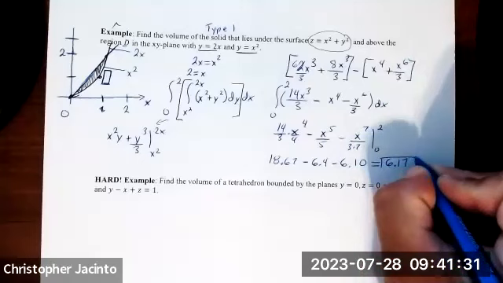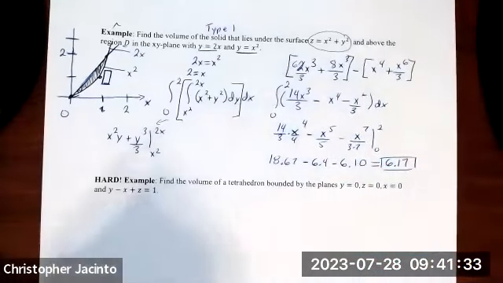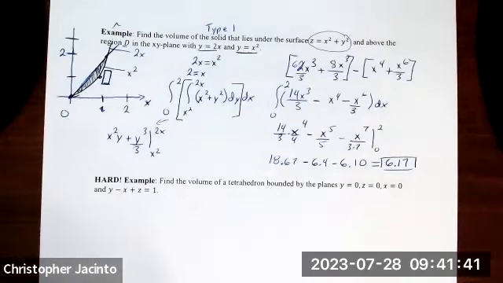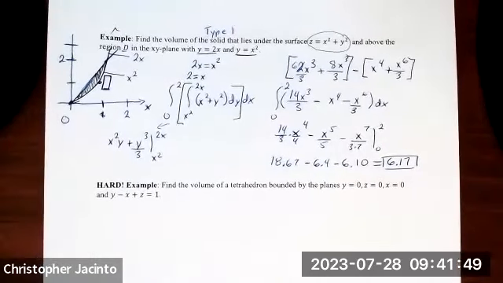So you get approximately 617. Yep. So far, so good.